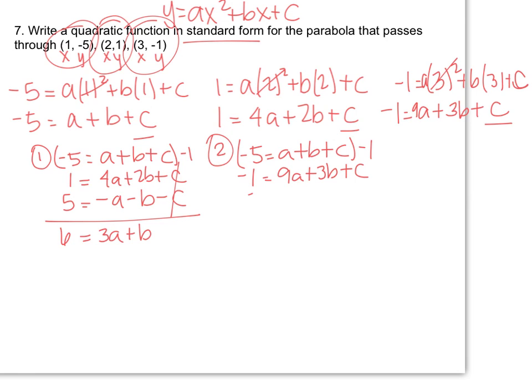So that's going to be 5 equals -a minus b minus c. Combining them, you end up with 4 equals 8a plus 2b. Okay, so now step 3, we're going to use those 2 equations to eliminate either a or b, so that we can solve for the other.